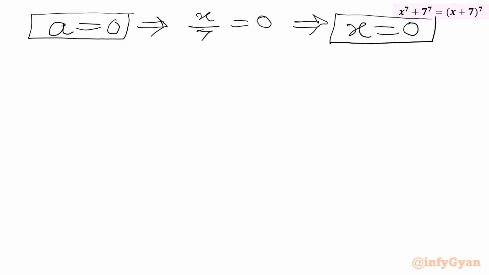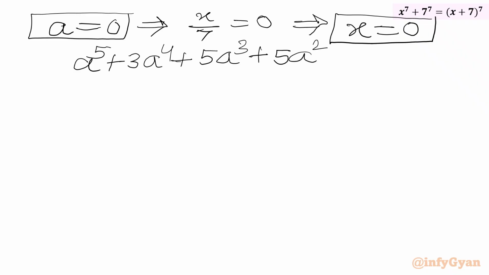Now we will consider our second equation: a^5 + 3a^4 + 5a^3 + 5a^2 + 3a + 1 equal to 0. This was our quintic equation.